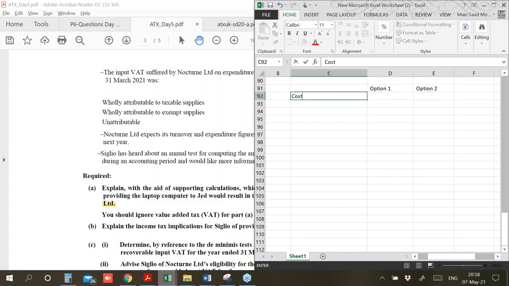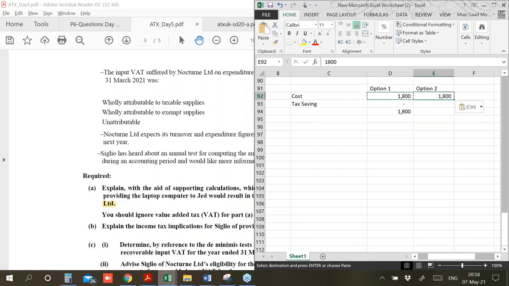You can write cost for the company. In option 1 it will cost the company 1800, and then you can write tax saving. In option 1 there will be no tax savings because the company has bought the laptop and given it to Jed straight away, so no capital allowances, so no tax saving to the company. So the cost will be 1800. In the second, the cost will obviously be the same because the laptop will be the same in both options.